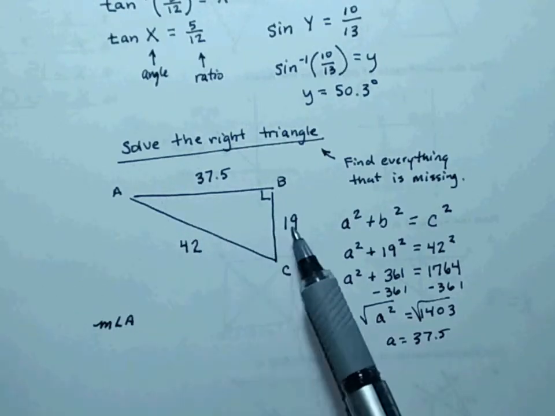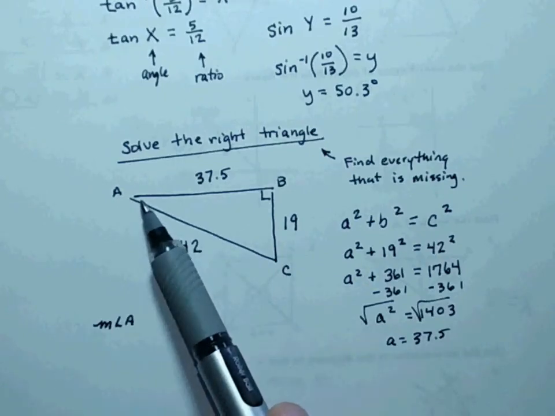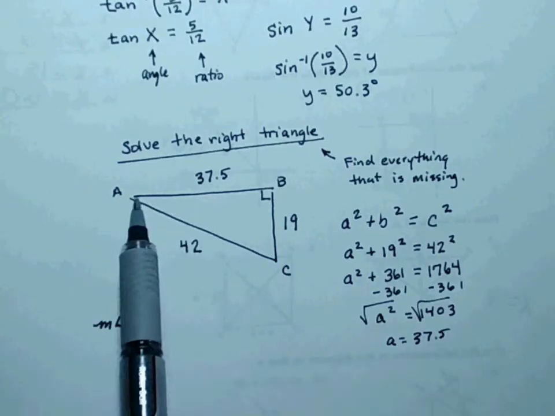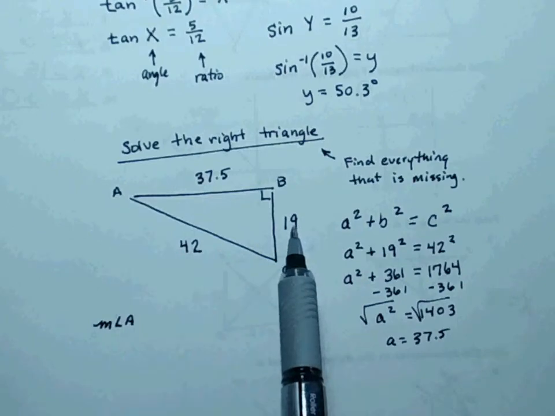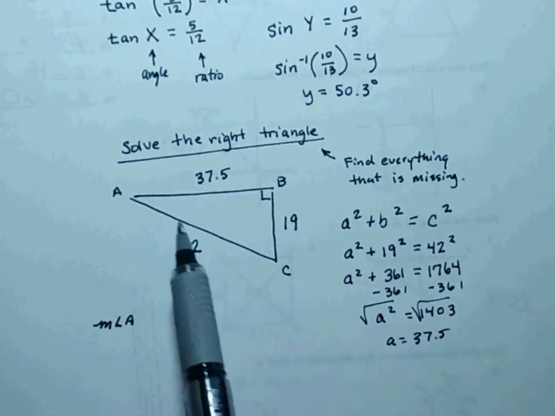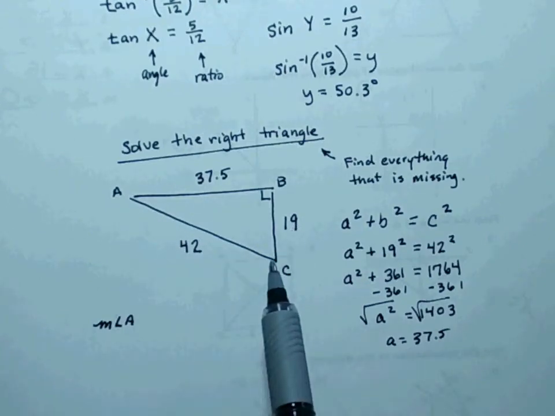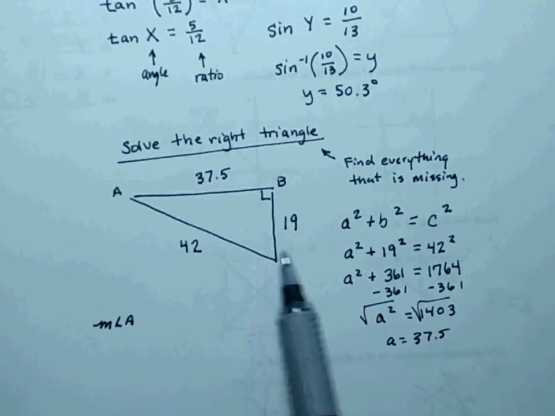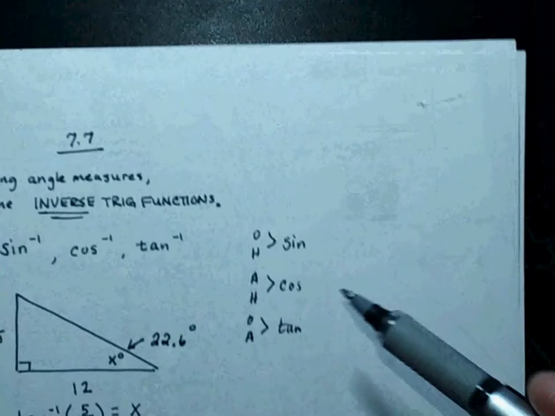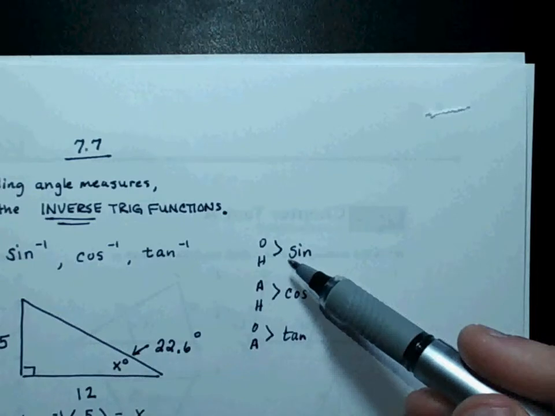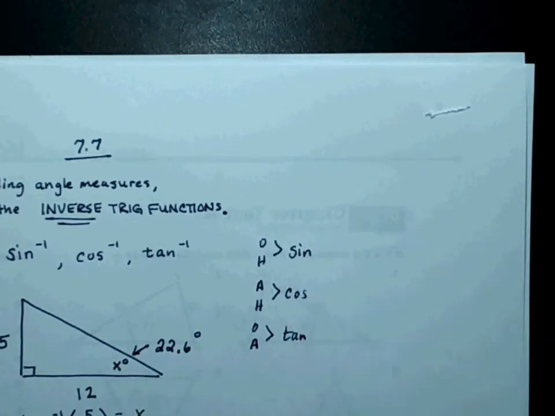So let's look at 19 and 42 compared to A. Looking at angle A, 19 is the opposite side and 42 is the hypotenuse. Opposite and hypotenuse. I'm going to use sine because sine is opposite over hypotenuse.